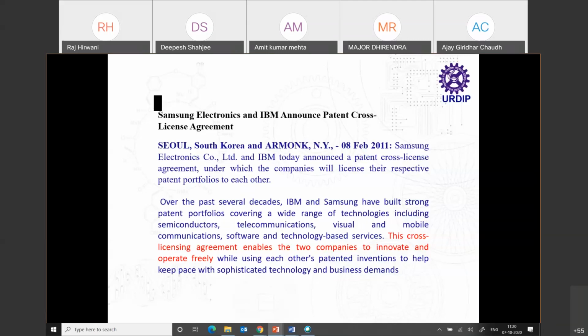Number one company and number two company are licensing each other. The competitors, what is written in the red is important. They have patents in the same technology areas.